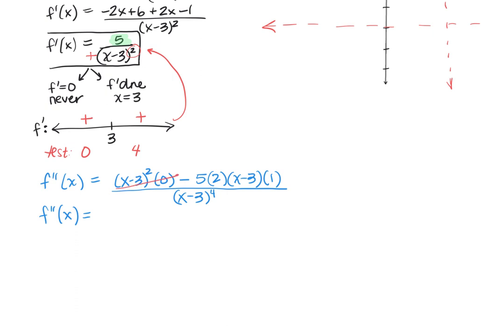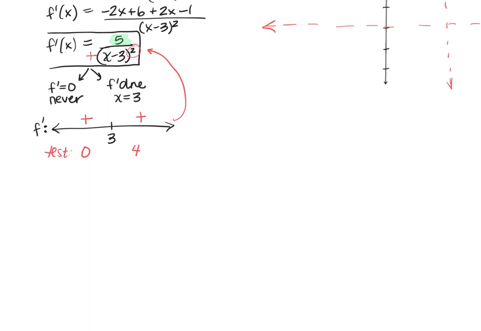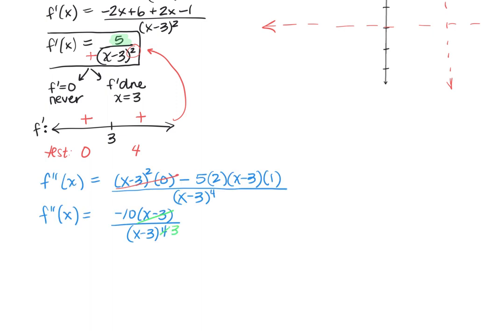So we're looking at negative 10 times the quantity x minus 3 divided by x minus 3 to the 4th power. And then we can simplify and divide out an x minus 3 with one of our x minus 3's in the denominator. So we're looking at a simplified second derivative of negative 10 divided by x minus 3, the quantity squared.